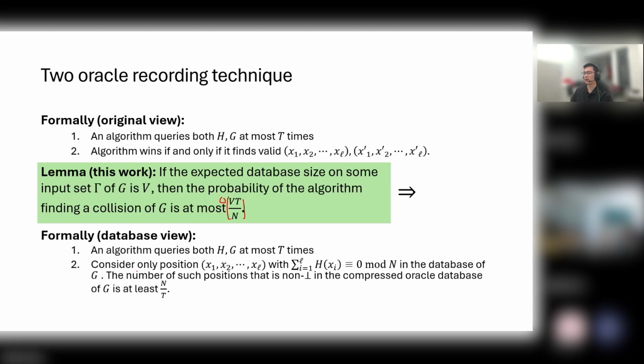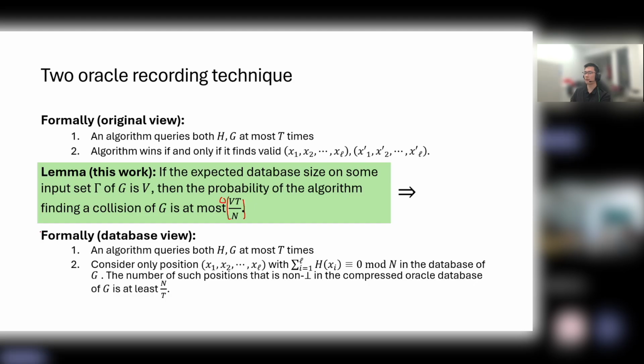Now, let's say you measure the database of G, and you only care about positions where it forms a zero-sum tuple under H. The algorithm wins if the number of such positions is at least n divided by t. So these two are connected by this lemma.